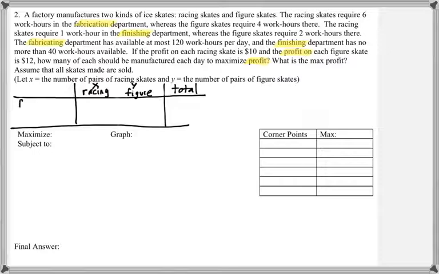So fabricating for racing skates, fabricating is 6 work hours, and for figure skates is 4 work hours.